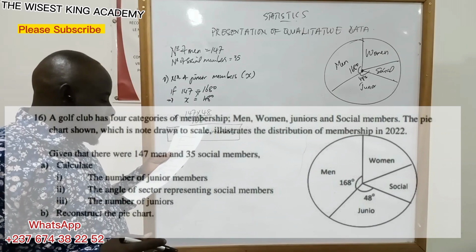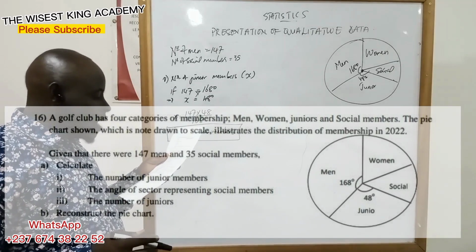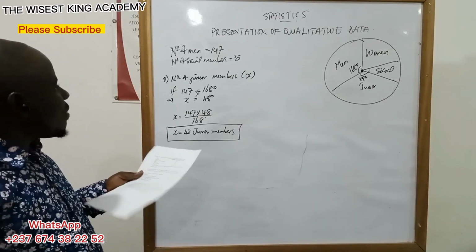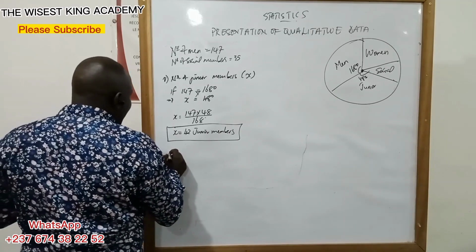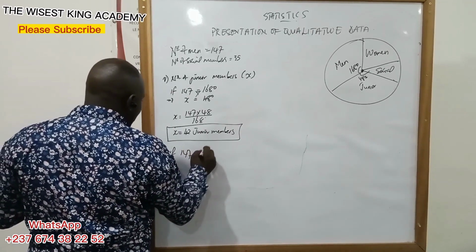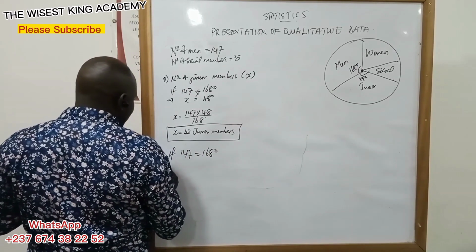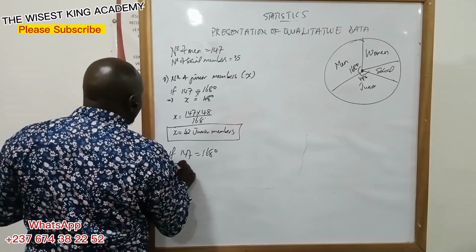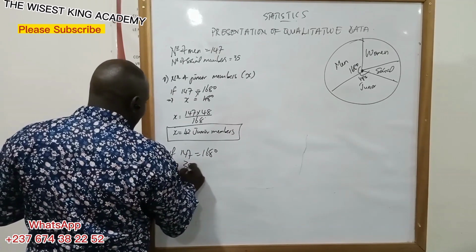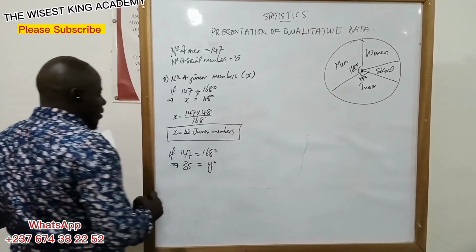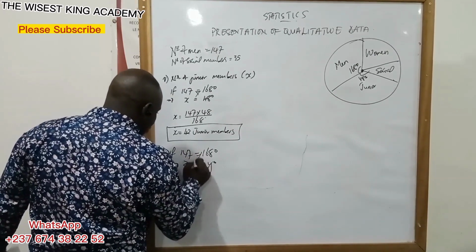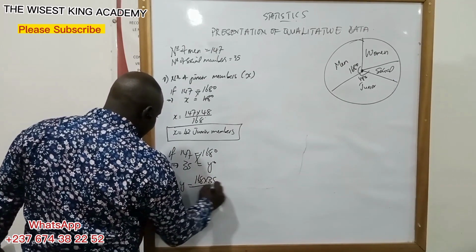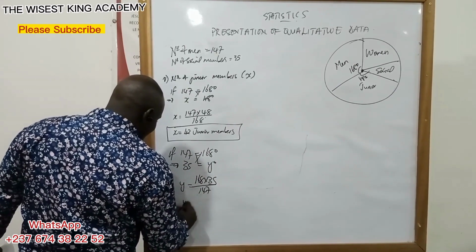The angle of the sector representing social members. Remember that we are given the number of social members now. So we say again that if 147 men is equal to 168 degrees, it therefore implies that 35 members will be equal to y degrees. So we cross multiply, y will be equal to 168 times 35 divided by 147.